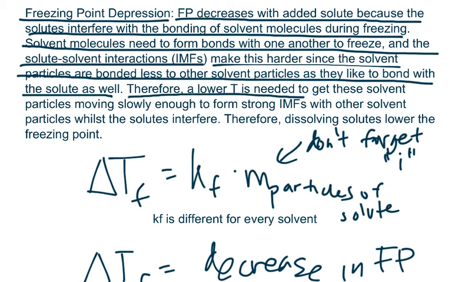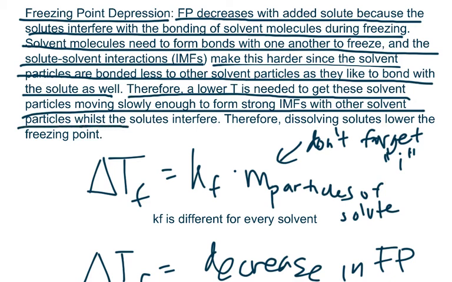Therefore, a lower temperature is needed to get these solvent particles moving slowly enough to form strong IMFs with other solvent particles, whilst the solutes interfere. Therefore, dissolving solutes lowers the freezing point.